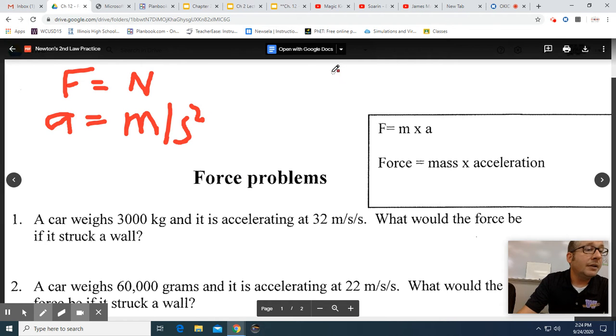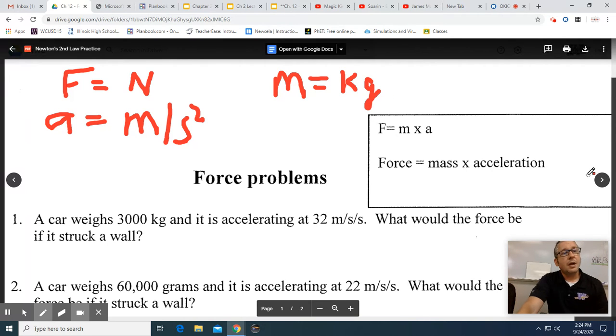And lastly, mass must be in kilograms. Yes, there will be some situations, and you might even see one on one of the practice questions we're getting ready to do, where you are given a mass in grams. That is perfectly okay, so don't panic, because again, mass must always be in kilograms. You will see how we deal with that in one of our sample problems coming up.